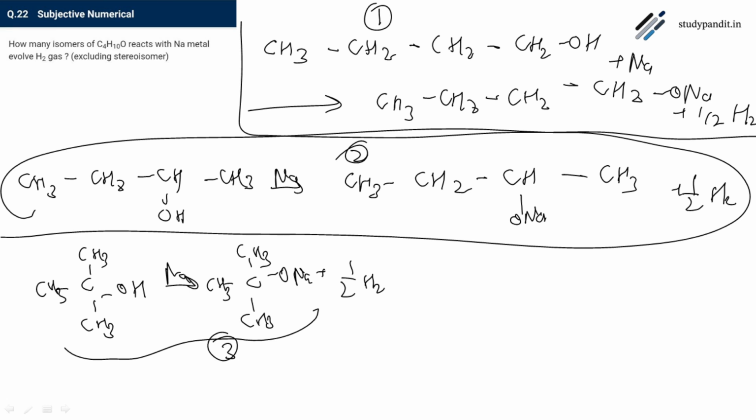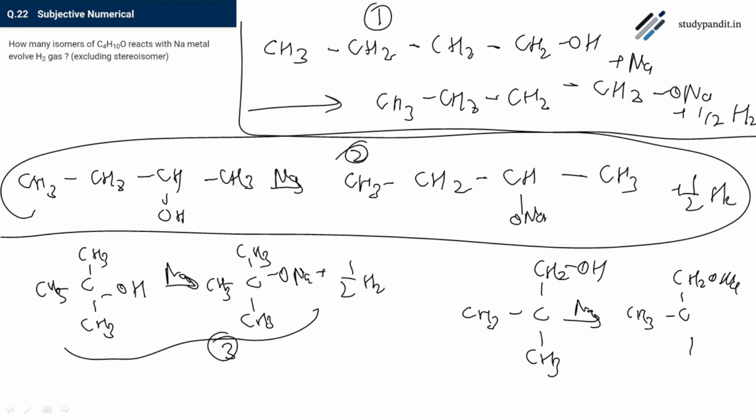Now the fourth alternative, CH3CH(CH3)CH2OH, with Na will give CH3CH(CH3)CH2ONa plus half H2.